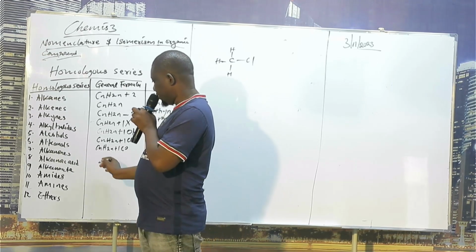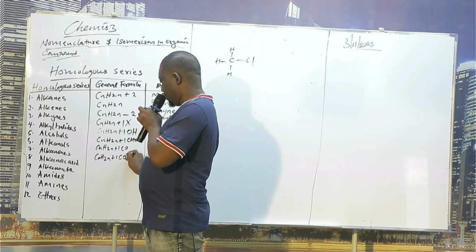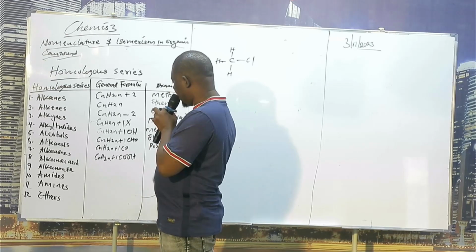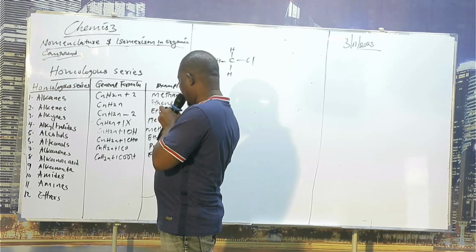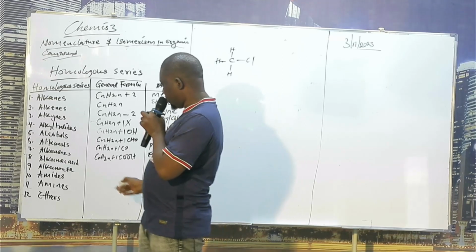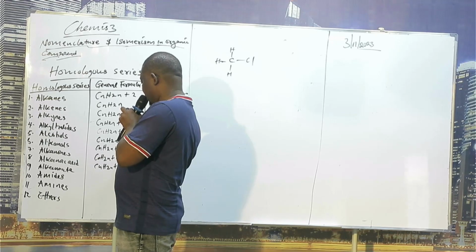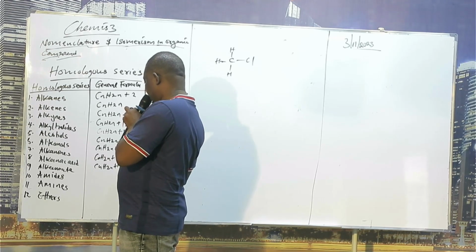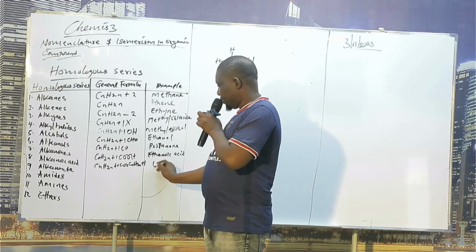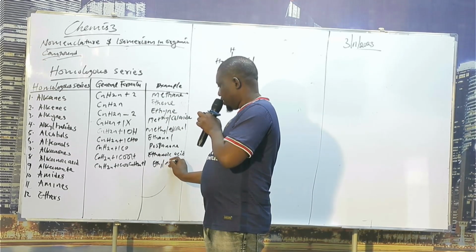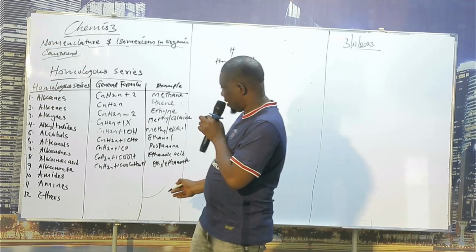Next is CnH2n+1COOH, commonest member is ethanoic acid. Next is CnH2n+1COOCnH2n+1, commonest member is ethyl ethanoate. I will explain all of this one by one.